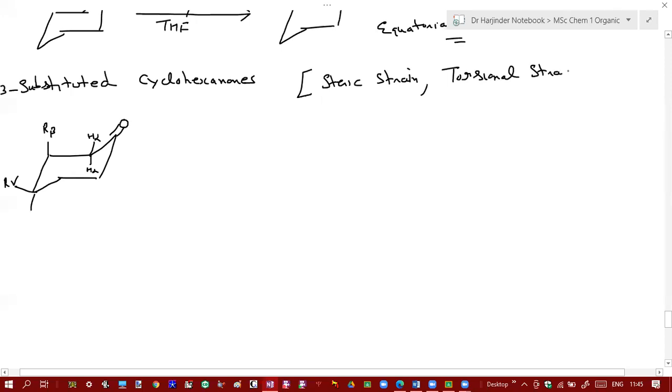So how will the presence of these two groups affect addition? Now hydride ion is also basically a nucleophile. It's a very small nucleophile. How will it affect?